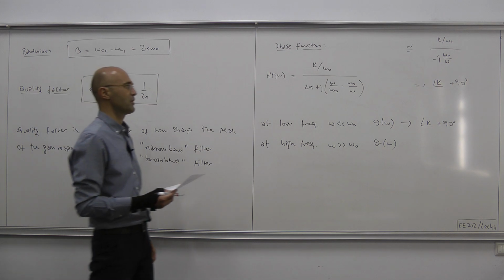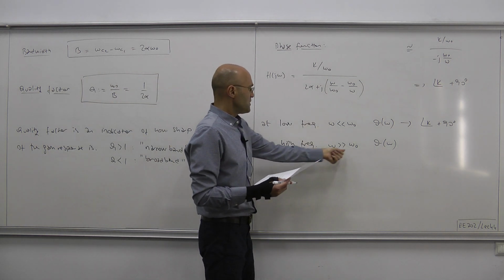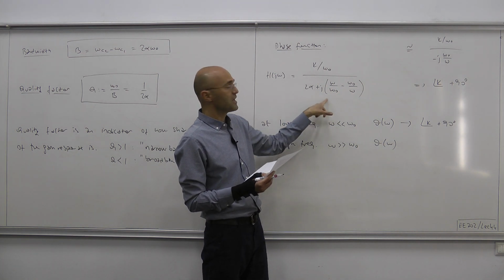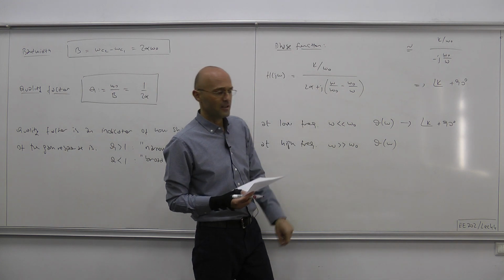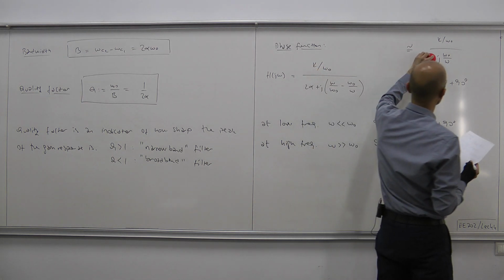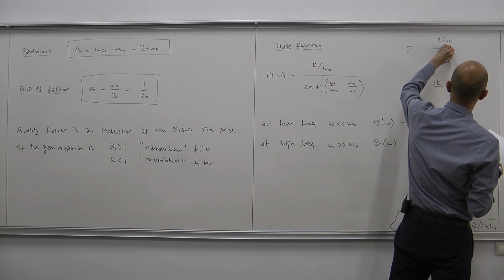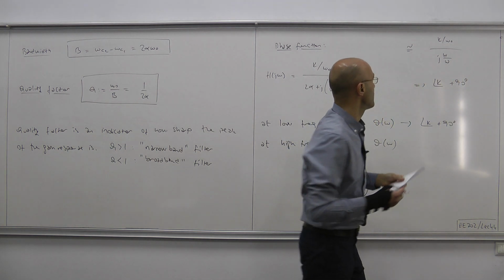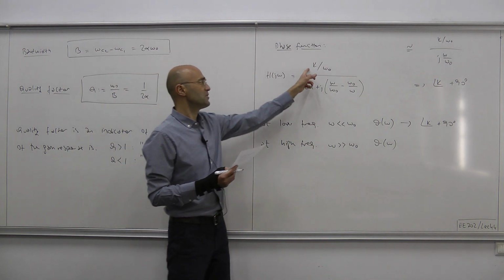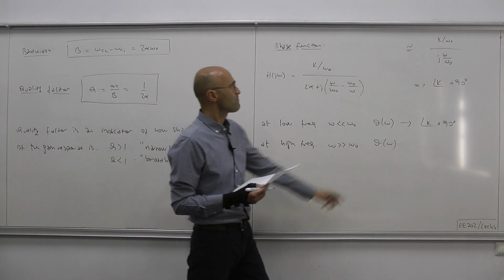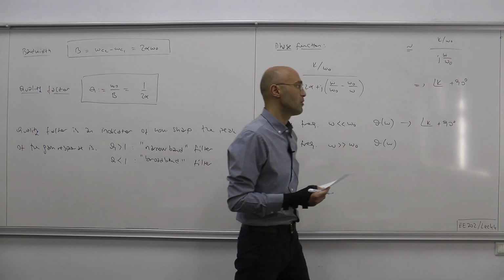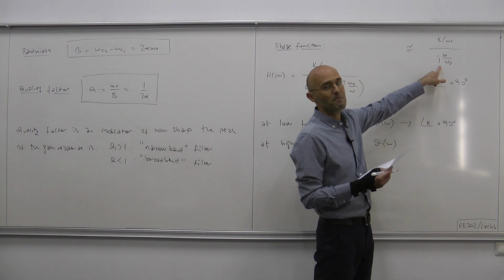Now let's see what happens at high frequencies. When omega is significantly larger than omega 0, in that case this term here is the dominating term in the denominator. So that means H(omega) can be approximated by plus j omega over omega 0 in the denominator, and the numerator is k over omega 0. This time the phase again equals the phase of the numerator minus the phase of the denominator. But this time the phase of the denominator is 90 degrees.